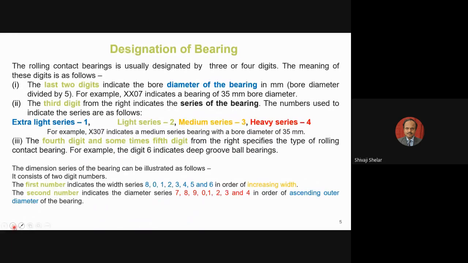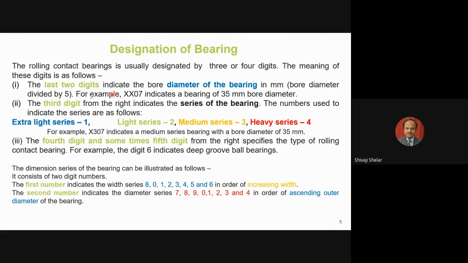Okay, so for bearing designation, basically a minimum of 4 or 5 digits are used, and depending upon the manufacturer, they can add a suffix as well as a prefix. So the designation of a bearing consists of alphanumeric digits, like your Aadhaar card number or your PAN card number.